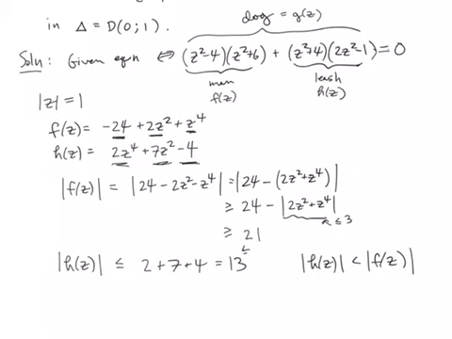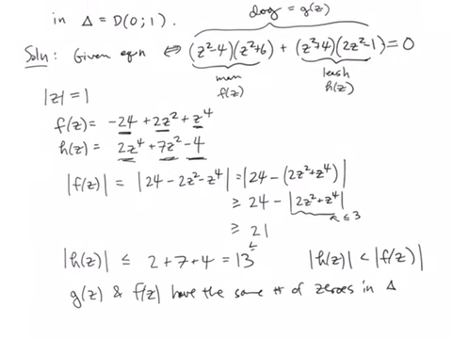Right? So g of z and f of z have the same number of zeros in the unit disk. But the thing is that it's easy to compute the number of zeros of f of z in the unit disk because f of z is factored.